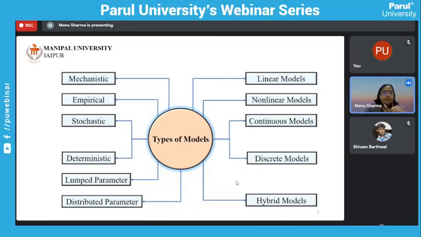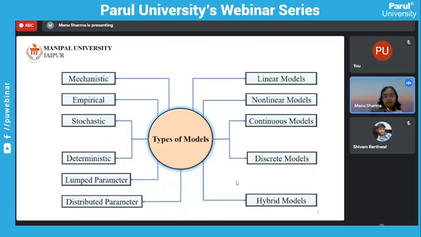Different types of mathematical models are present here. Mechanistic models are generated if we know every in and out of the process. We know everything about that process, every mechanism is known to us, then the model that we have generated is known as the mechanistic model.